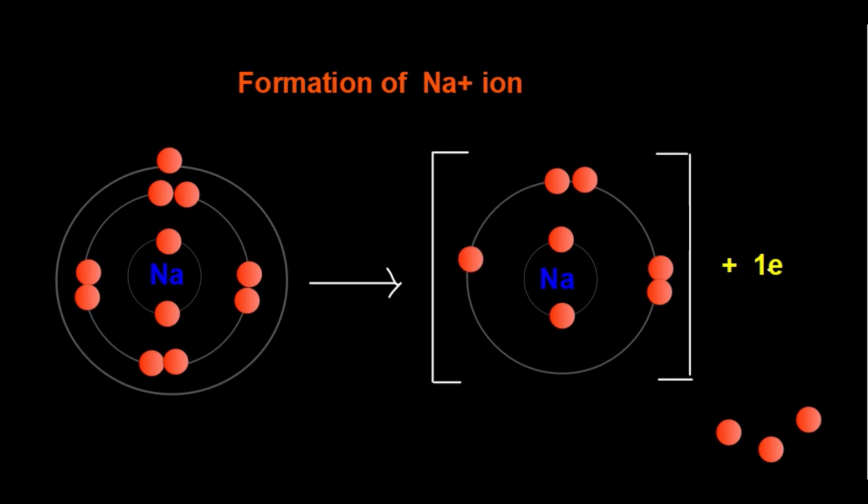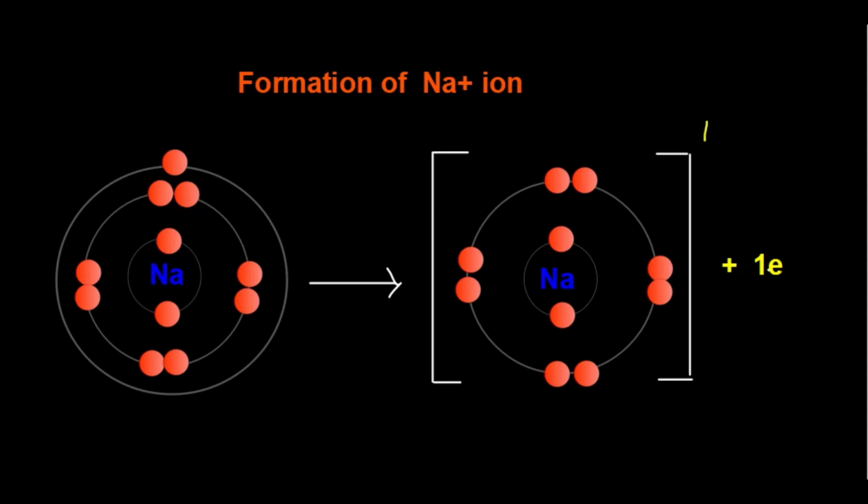After the loss of this electron, its valence shell will be the L shell. So this is the electronic configuration for the sodium atom, and this is the electronic configuration for the sodium ion.